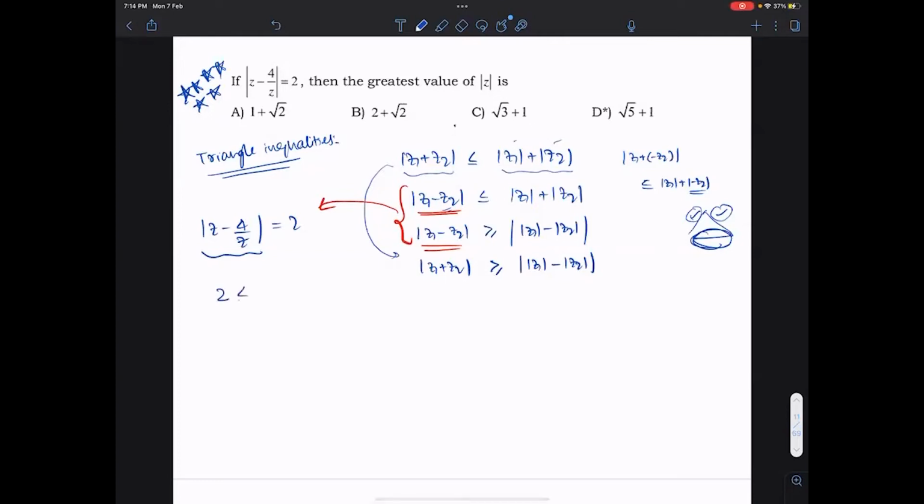It is always less than or equal to the difference between mod Z and mod 4 by Z. This is one inequality, and modulus over there. And another inequality, this will be greater than or equal to.